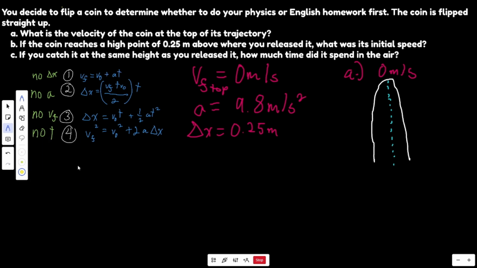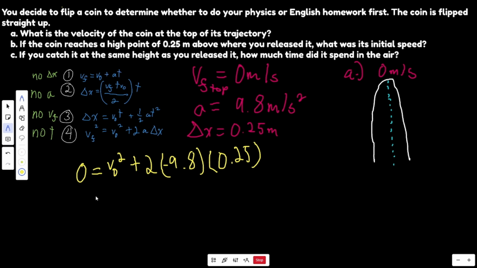Our final velocity is 0 meters per second. Our initial velocity is unknown. We have 2 times acceleration due to gravity, which is negative 9.8. And we have no time in this equation, so our last variable is just 0.25 meters.